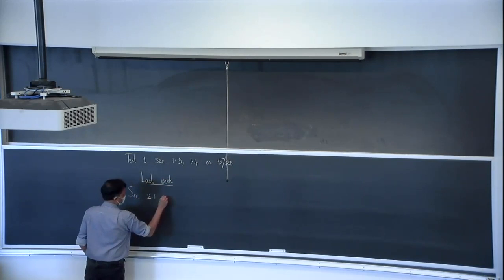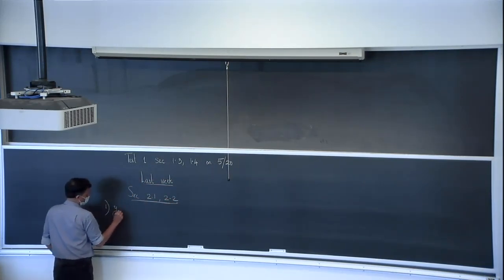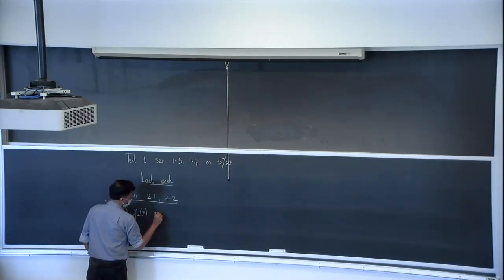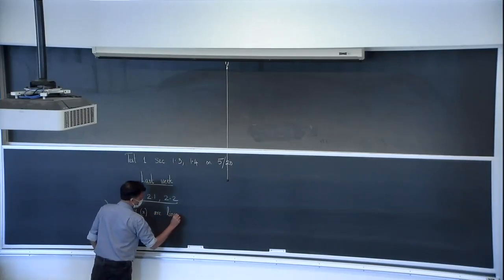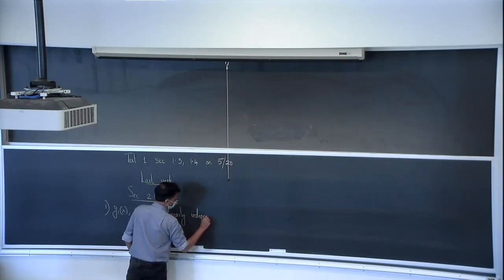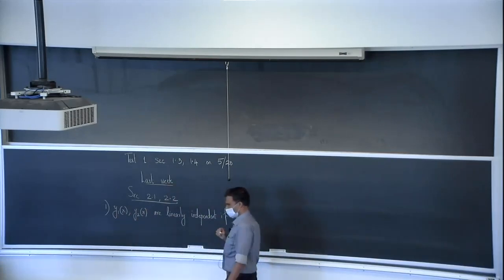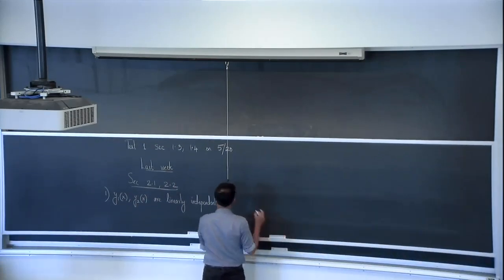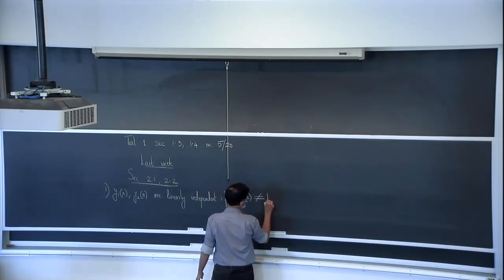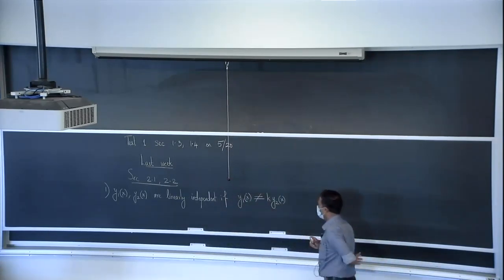Two things, let me just remind you of these two. You have two functions, y1 and y2. These are linearly independent if one of them is not a scalar multiple of the other, if y1 is not equal to k times y2 of x, where k is a scalar.